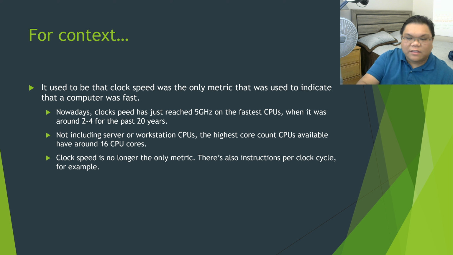It's only recently that we started to have CPUs with more than 4 cores be so commonplace that you could just buy a multi-core CPU. If we're not including server or workstation CPUs, the highest core count CPUs available now have 16 CPU cores.